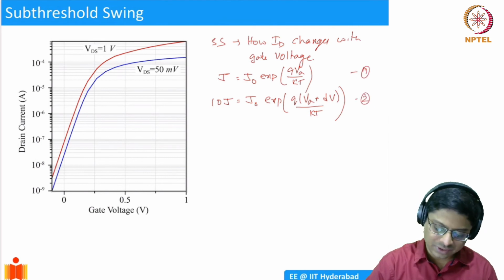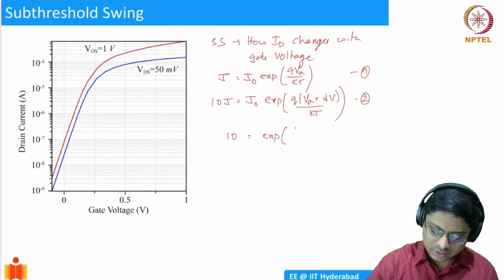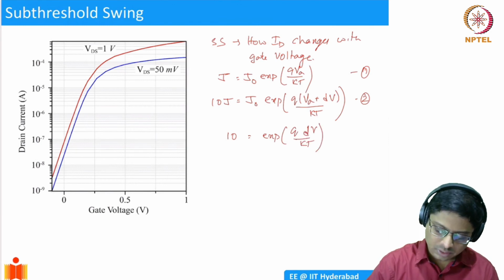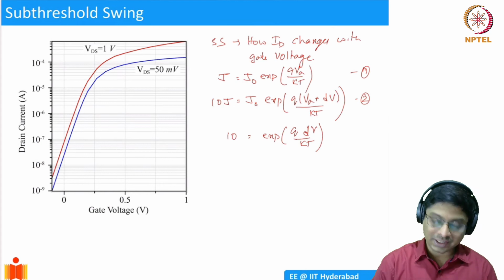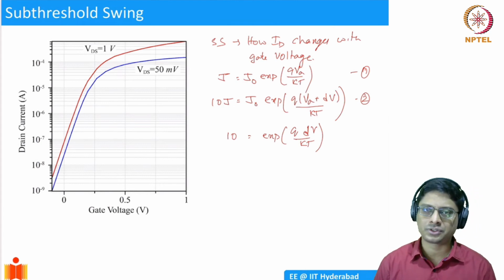Take the ratio of these things. What you get is 10 equal to exponential of q delta V by kT. So this delta V, the gate voltage change required to produce one order of change in the drain current, is known as subthreshold swing.